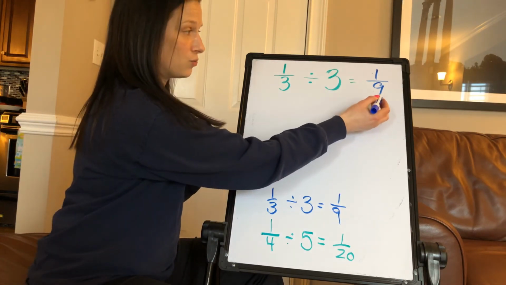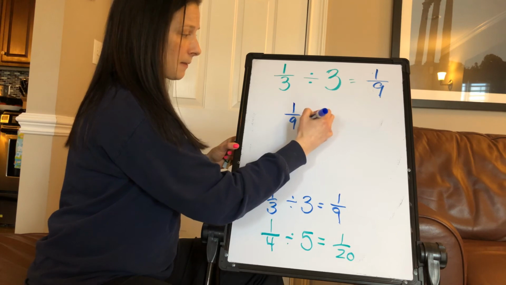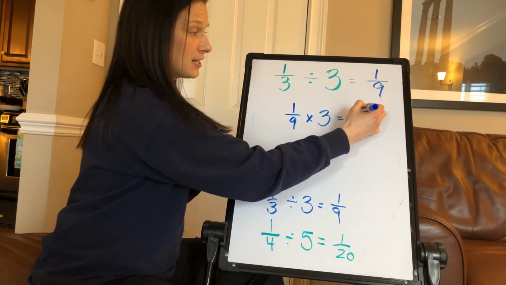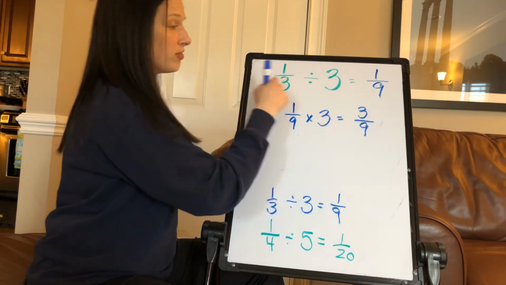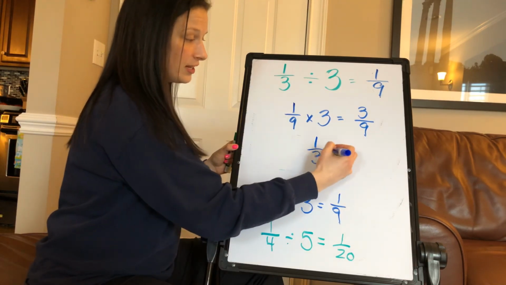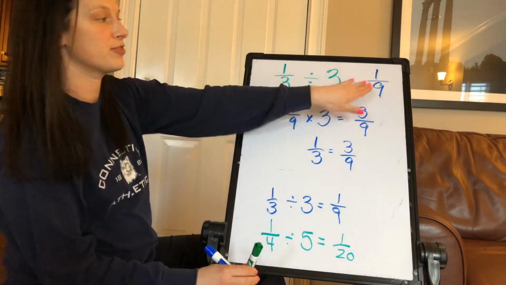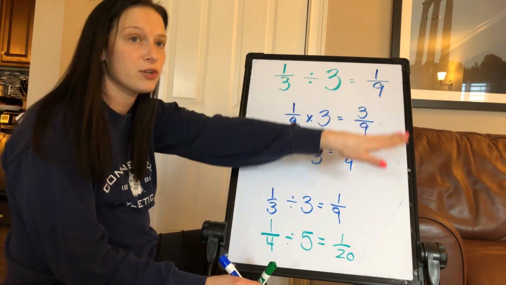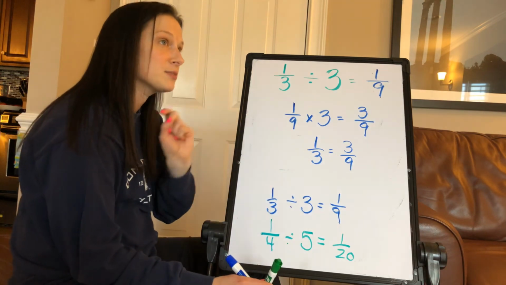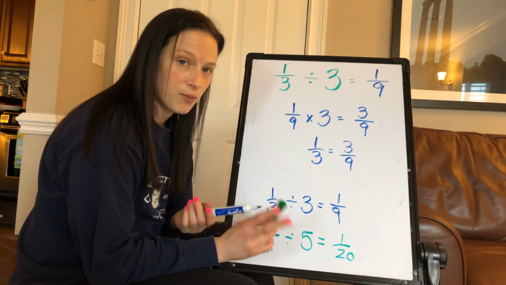So if I do 1/9 times 3, I should end up with 1/3. And in case you're wondering, 1/3 is the same as 3/9. So I know that this answer works. So whenever you're doing any division, whole numbers, decimals, fractions, you can always check with multiplication that way.